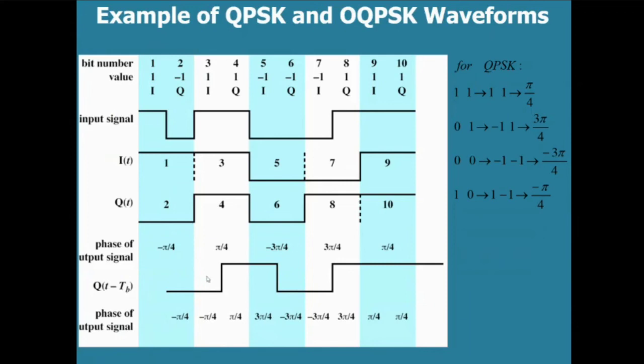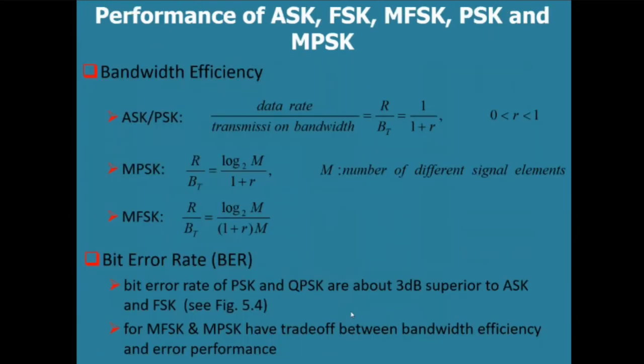So Q of t minus Tb, here there is a delay. So it will start here and the phase angles, that is minus pi by 4, plus pi by 4 and it's going on. Okay, see here the performance of ASK, FSK, MSK and PSK and MPSK, multiple phase shift keying.